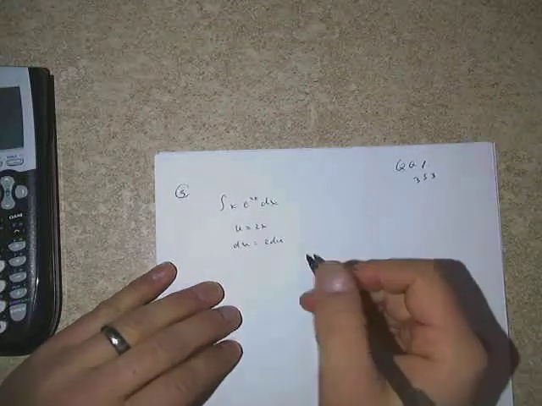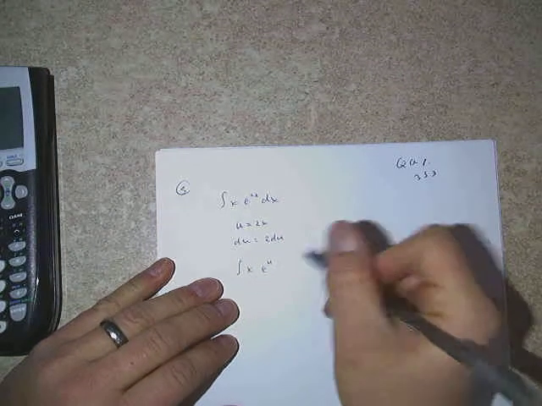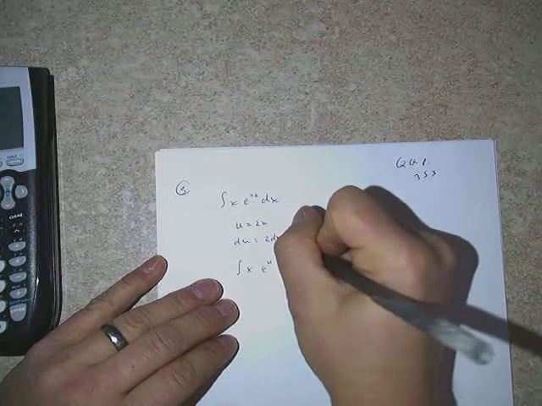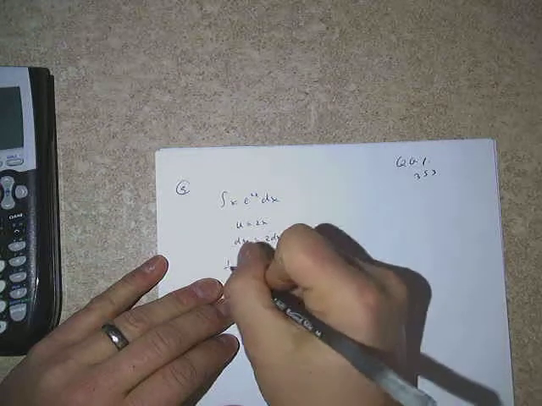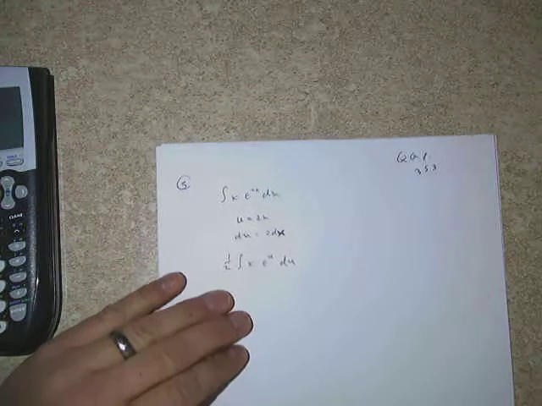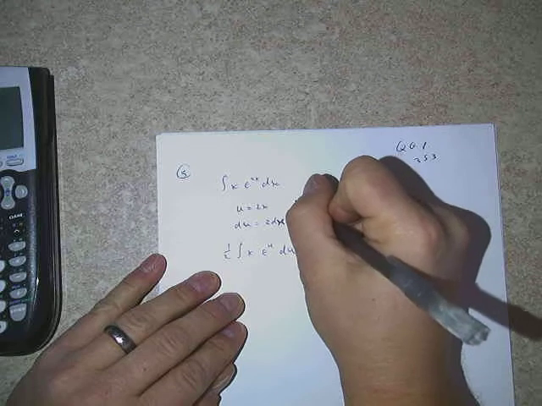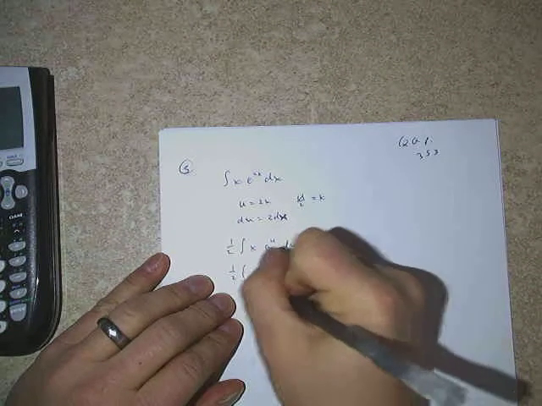Now, one thing that we might be able to do here too is if we just wrote it as x and then e to the u, and we replace the dx with a half du, we could get rid of everything but that x. The other thing we could do is write u over 2 equals x, and we could replace the x.